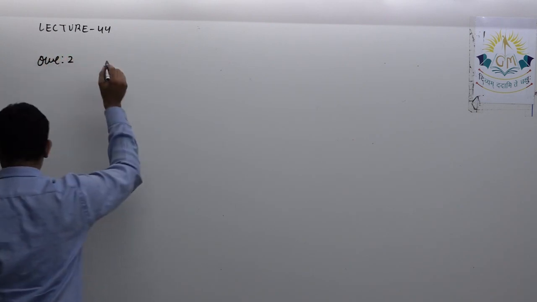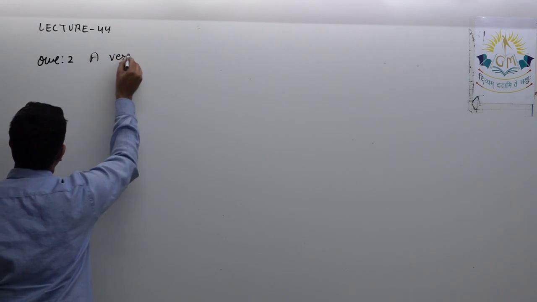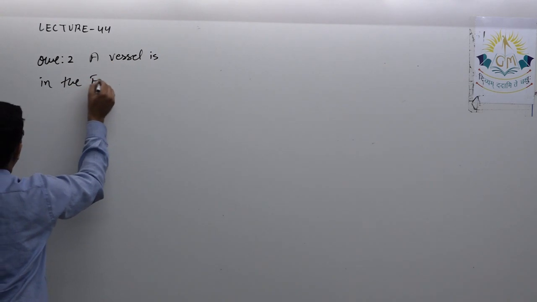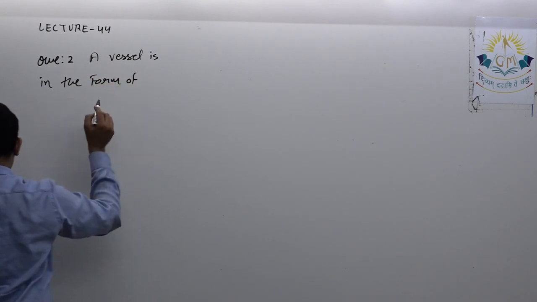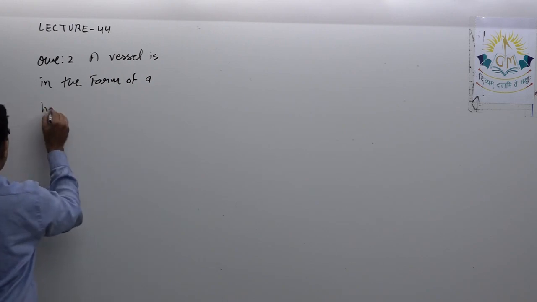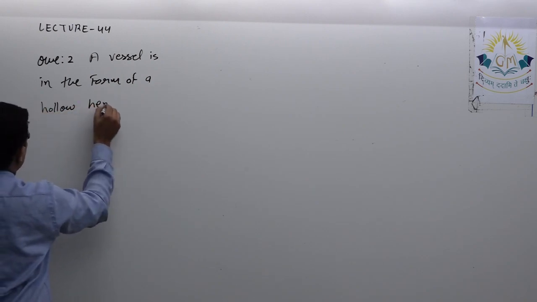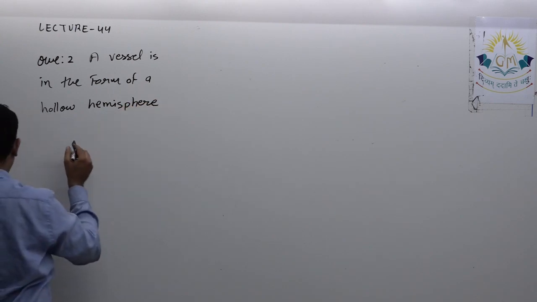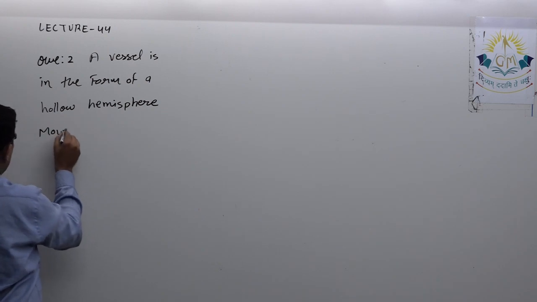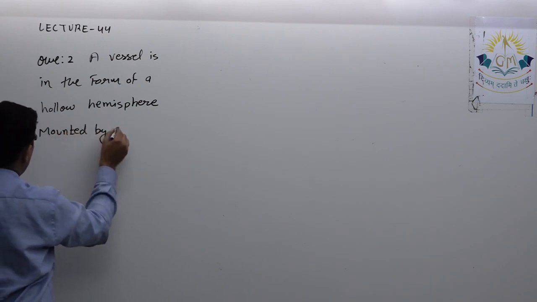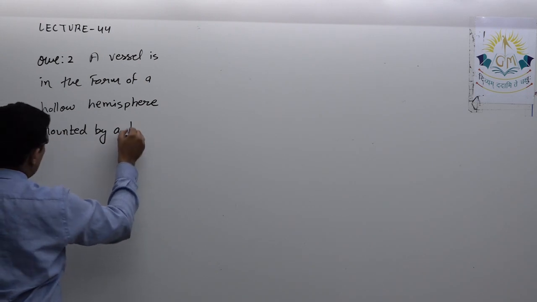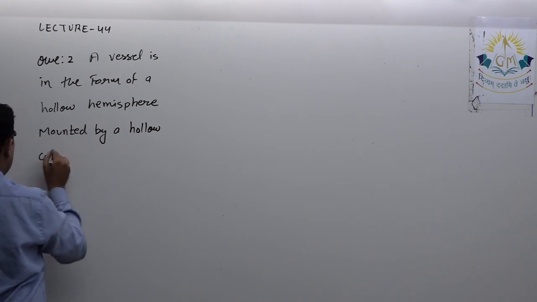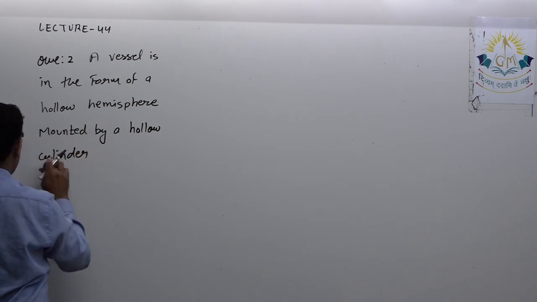A vessel is in the form of a hollow hemisphere mounted by a hollow cylinder.